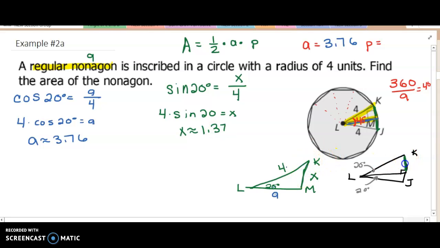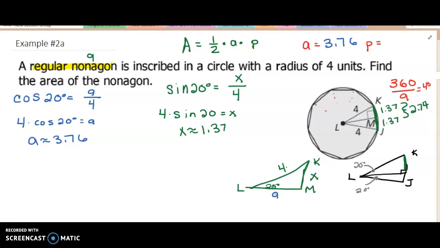That's this half. Okay, now I'm going to erase this so we can see this a little better. This piece right here, KM, is 1.37, which means this is also 1.37 because that apothem cuts it into 2. So each side of this regular polygon is 2.74.